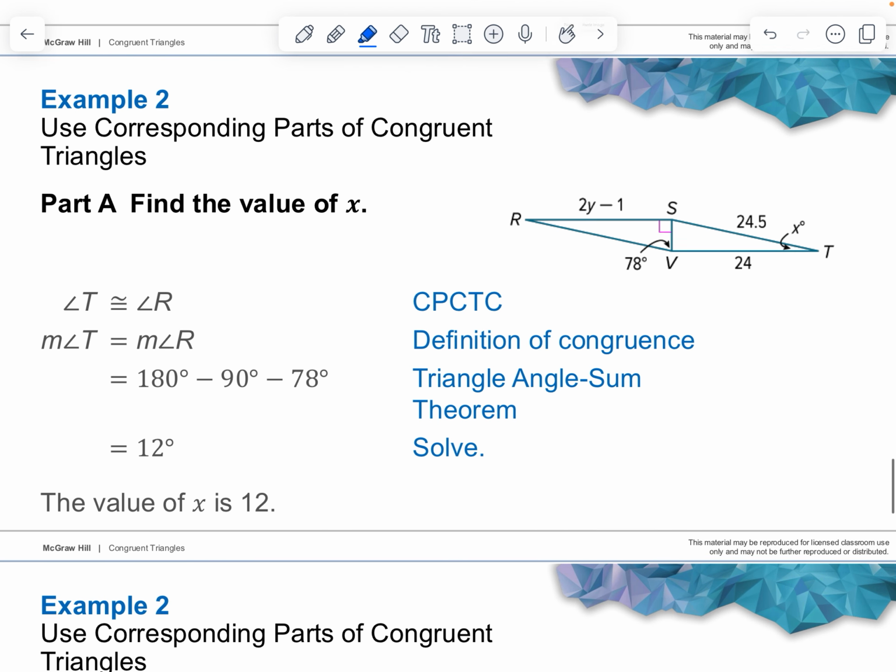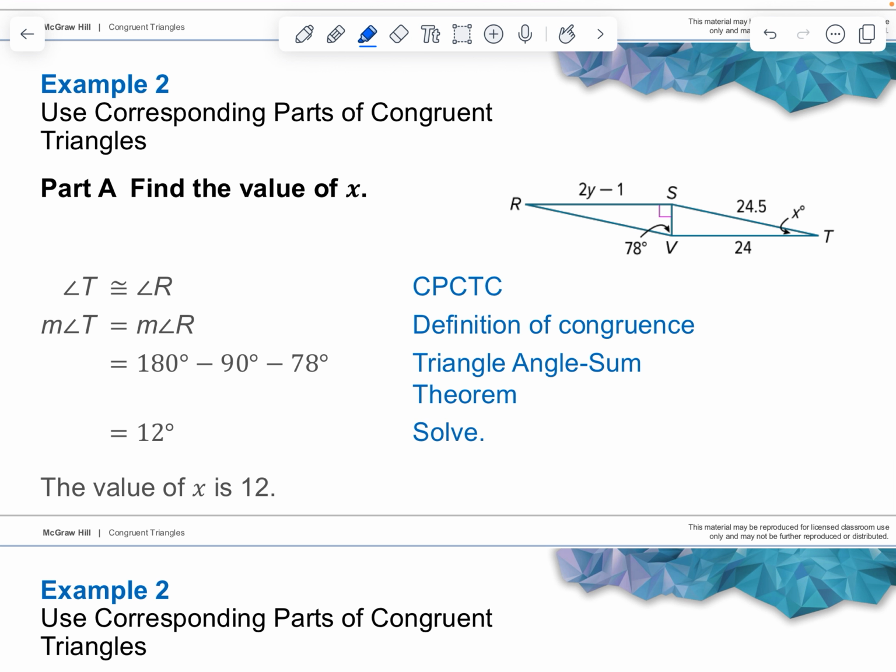So down here, this is what it walks us through. If T is equal to R, then the measure of T is equal to the measure of R. And the measure of R is going to be equal to 180 minus 90 minus 78. That's going to be 12 degrees. So the value of X is 12.